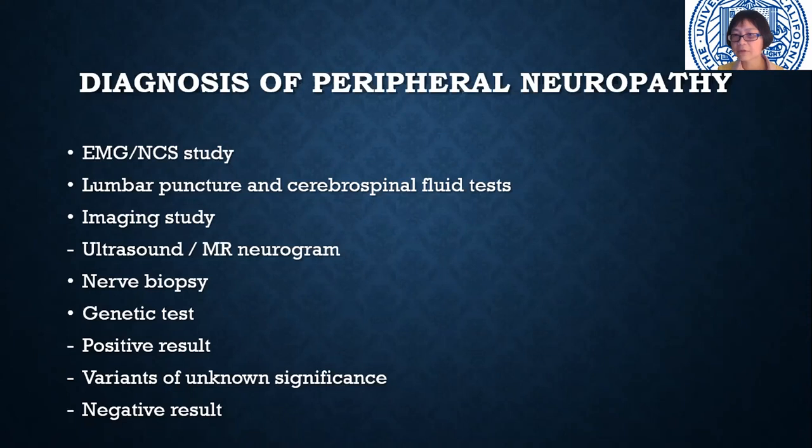Sometimes we may perform imaging studies, including special ultrasound and MRI to look at the nerves, especially when the patients have trauma or injury to the nerves, that we would like to have certain information to see where is the trauma, and is there any mass compression.